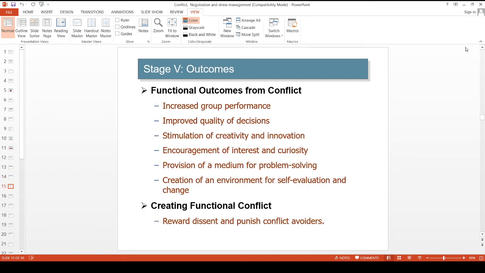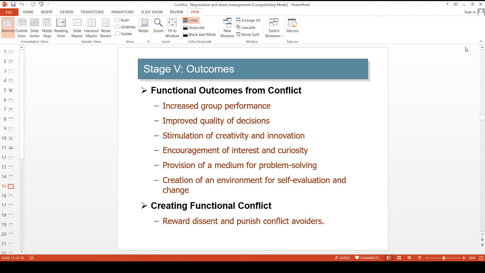Then comes the final stage, the outcomes of this conflict process. These outcomes, as we discussed earlier, may be functional, that is improving group performance, or dysfunctional, that is hindering group performance. Now what can be the functional outcomes from conflict? It may increase group performance. It may improve the quality of decisions.